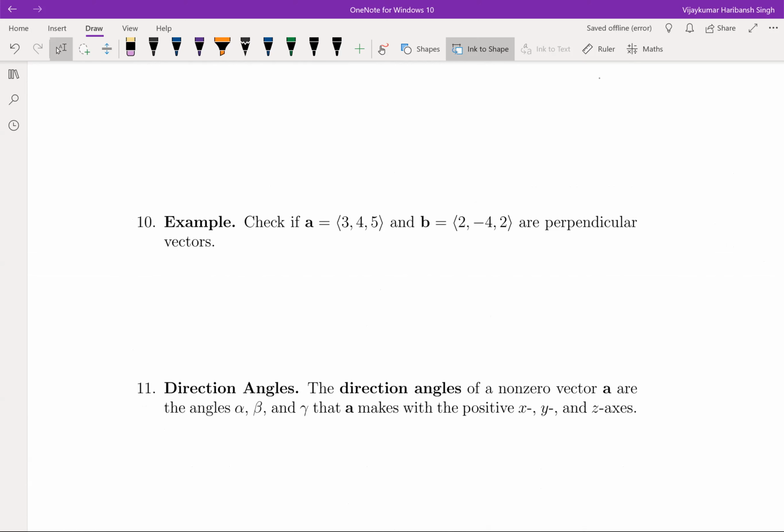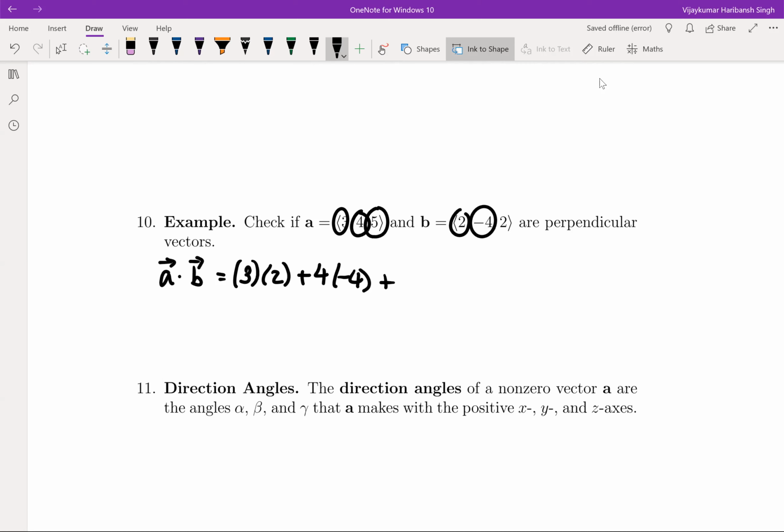Okay. Now let's look at the following. Check if vector A and vector B are perpendicular vectors. What we'll do is take the dot product. So A dot B is going to be 3 times 2 plus 4 times minus 4 plus 5 times 2.